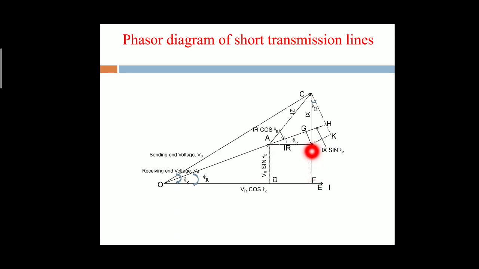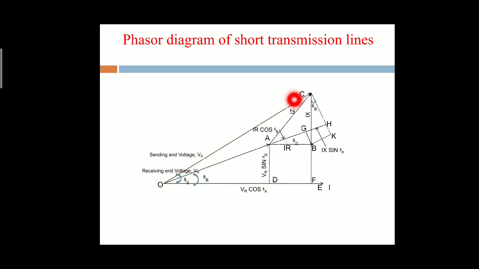Next is BC. BC is IX, that is the inductive reactance drop. Therefore, FC is equal to VR sin phi r plus IX.